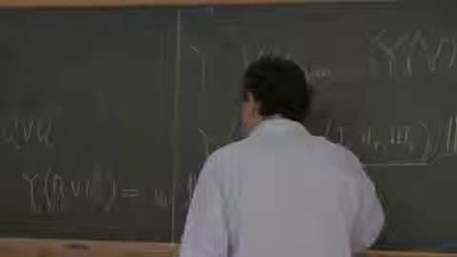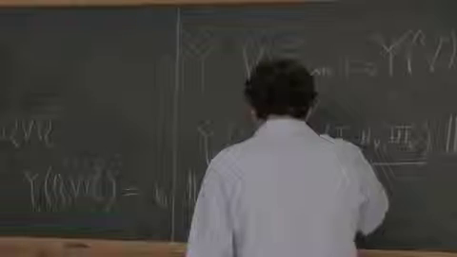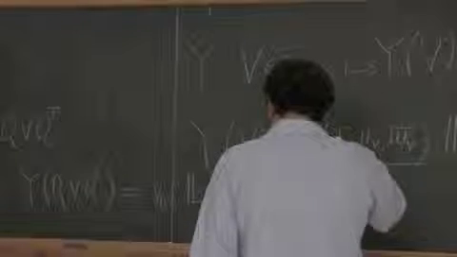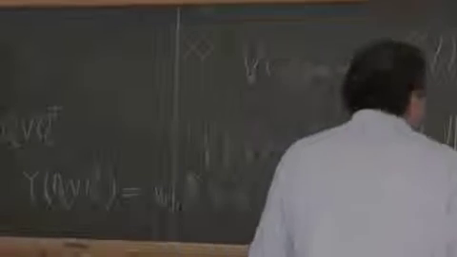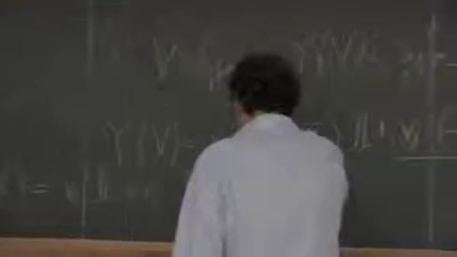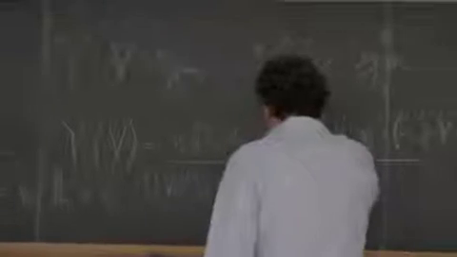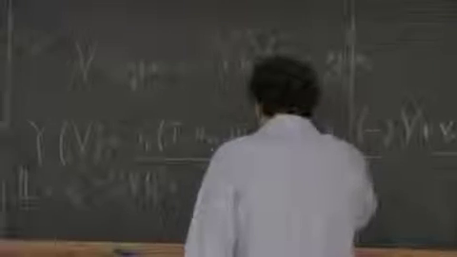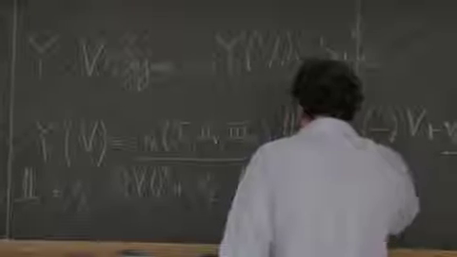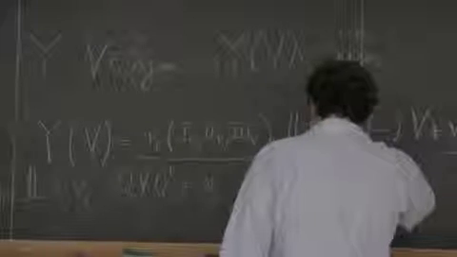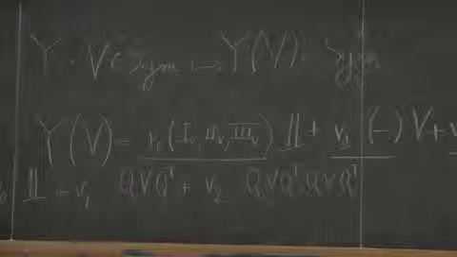Instead of V, I have to consider Q V Q transposed. Okay? Plus V2, I have Q V Q transposed, Q V Q transposed. Okay?